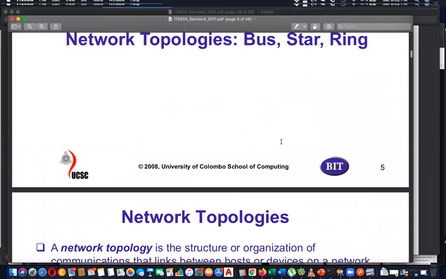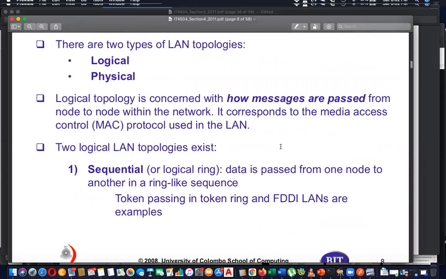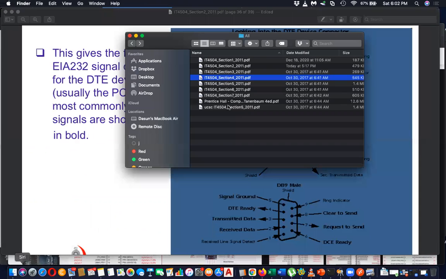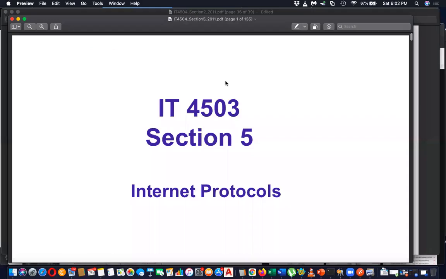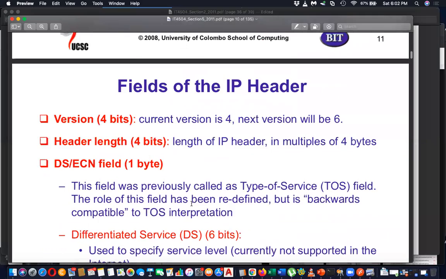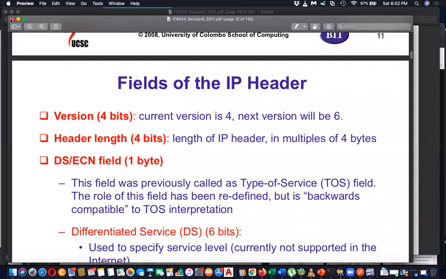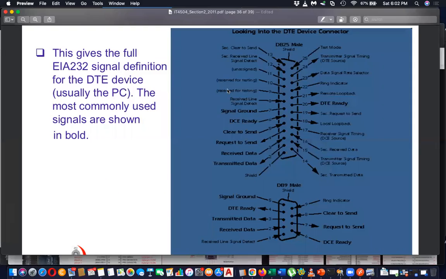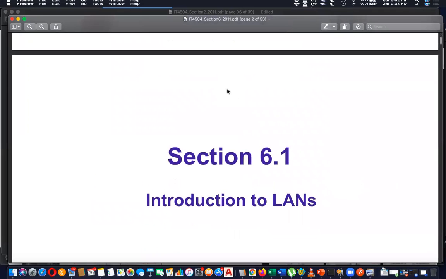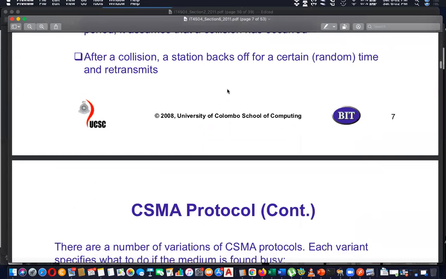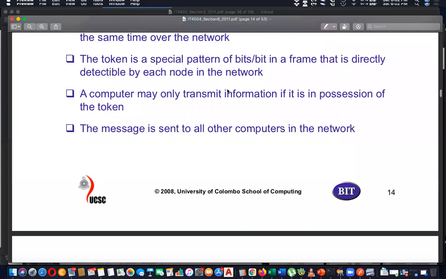You can say network topologies. This is in network layer. Then I think the layer above that, that is again network internet layer, internet protocols and all. So after that you have frames, LANs, local area networks.